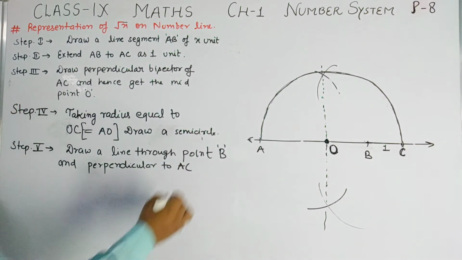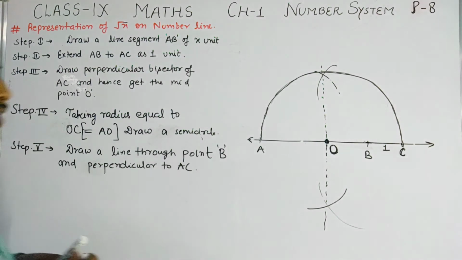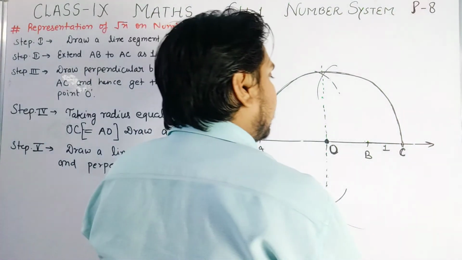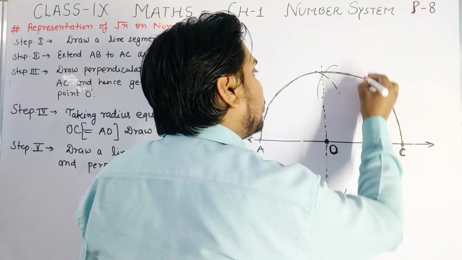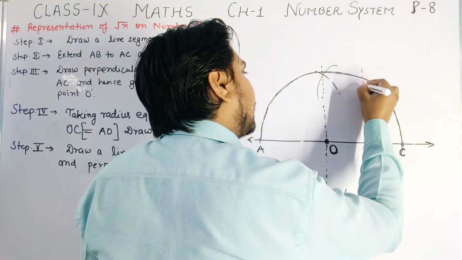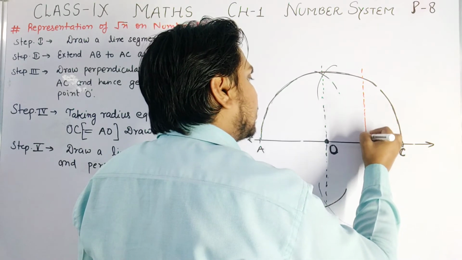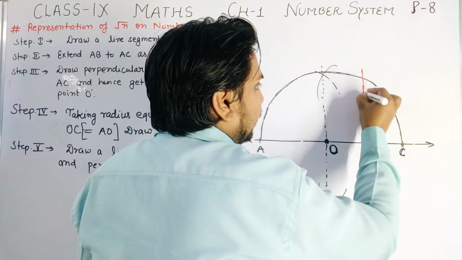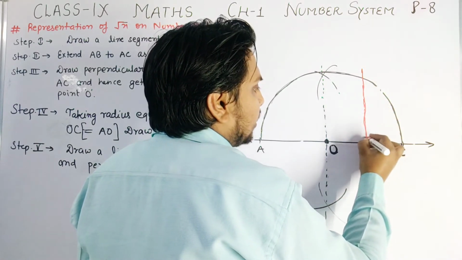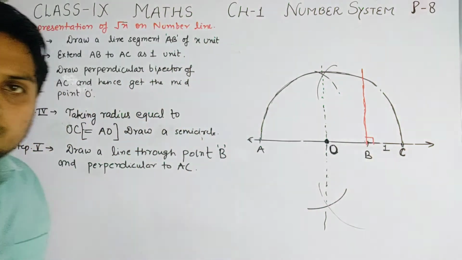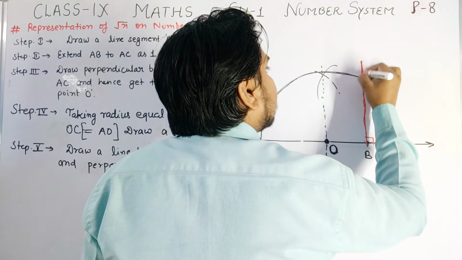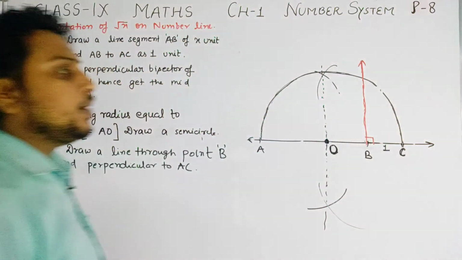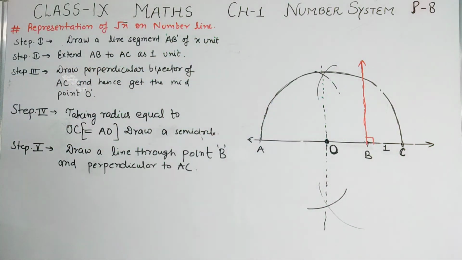So we have to draw a line which is perpendicular to this AC through point B, passing through point B, so this line segment we have drawn.